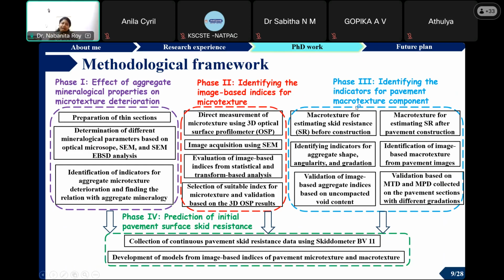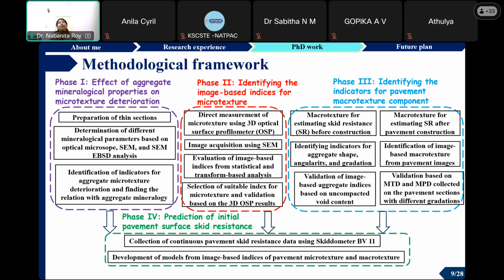But phases 3 and 4 were related to field data and actual pavement data. In phase 3 there were two parts. In the first part, to check the morphological properties of coarse aggregate, I used some laboratory equipment before construction of the pavement.